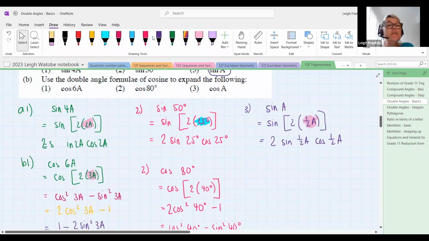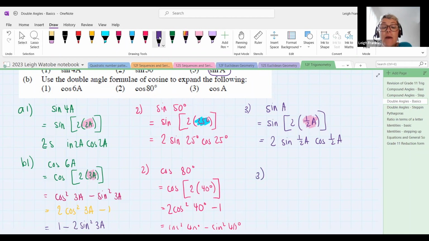And then just like with sine A, cos A can also be treated as a double angle. So just like with the previous one, we can write this as cos 2 times half A, like so.